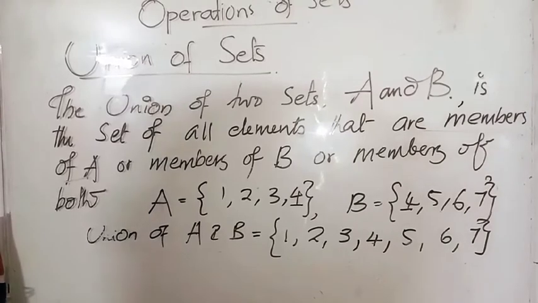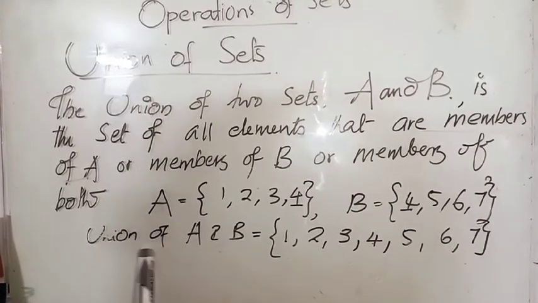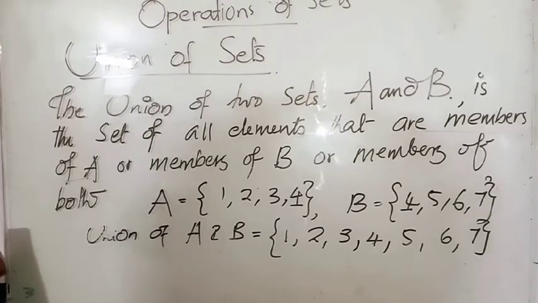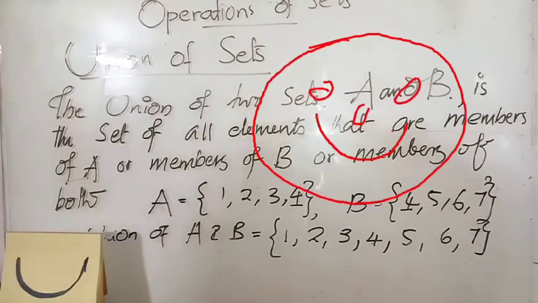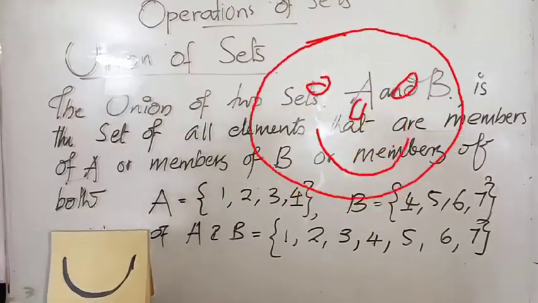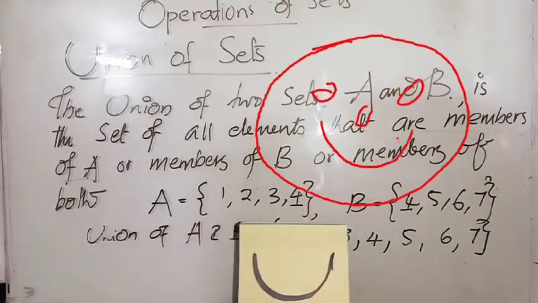Now it's not an easy task for us to always write this union of A and B because it's time consuming. So for union we require a symbolic notation. This is the notation we use for union. Just the U sign. We have to read this one as union.